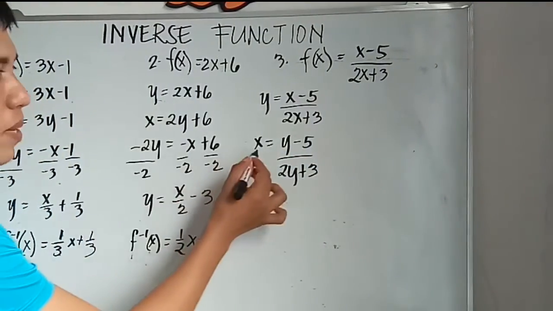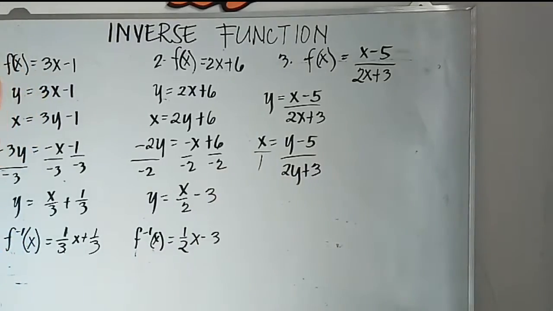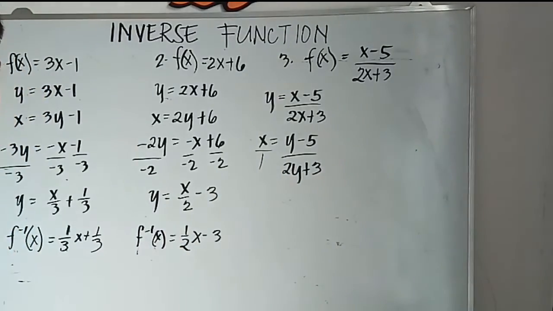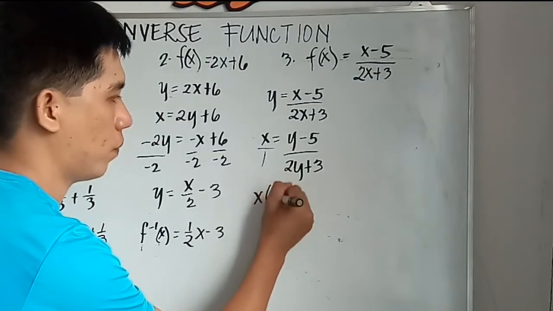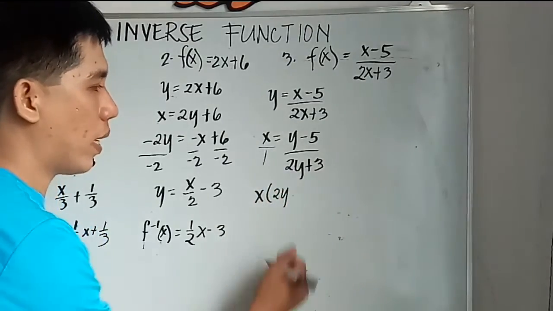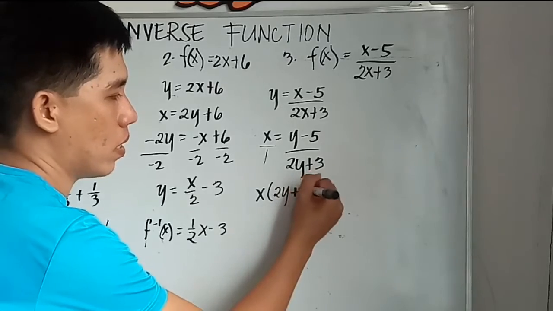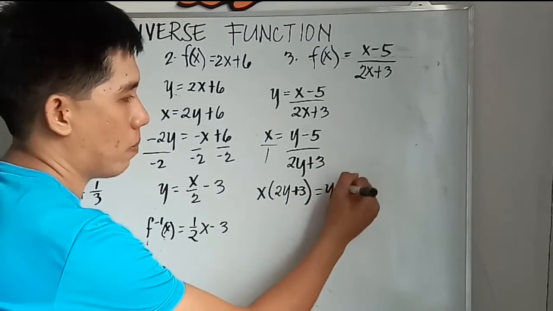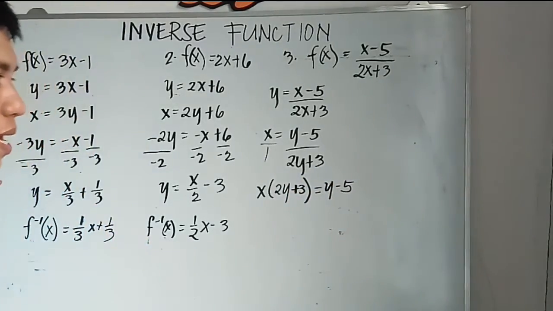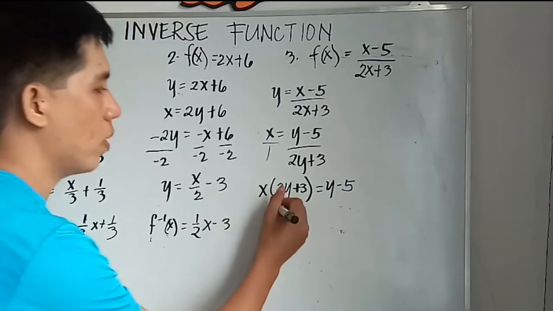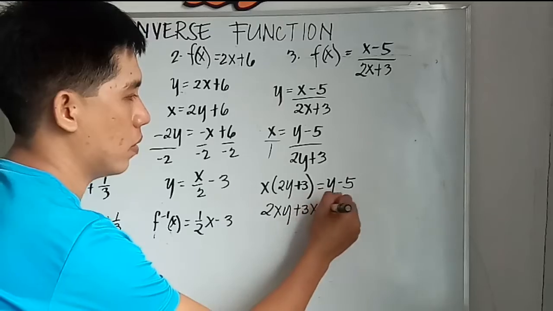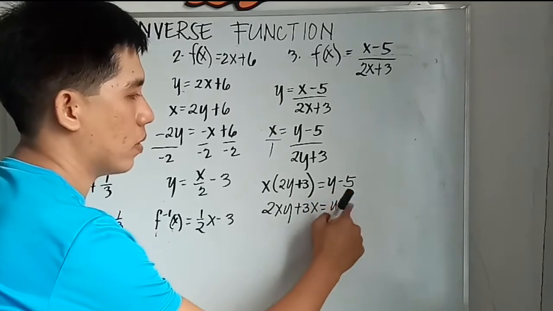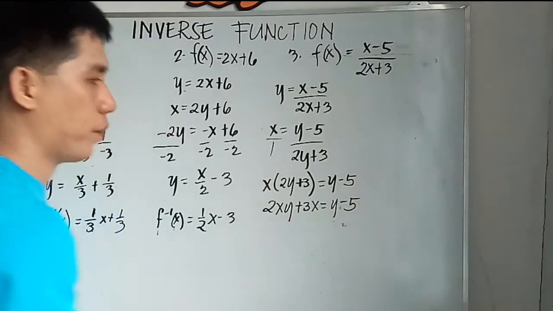So take note, the denominator of our x here is equal to 1. So we can cross multiply to solve for y. So we have x times 2y plus 3 is equal to y minus 5. Okay? Then we will distribute. This will become 2xy plus 3x equals y minus 5.